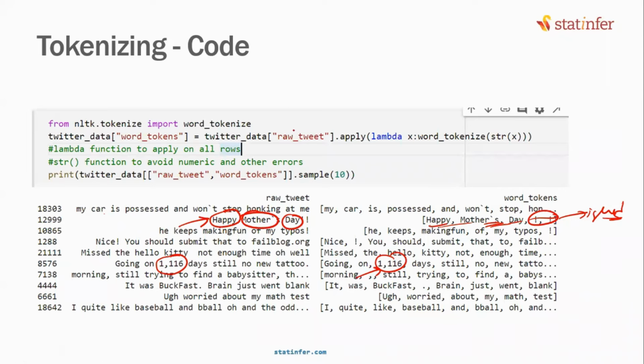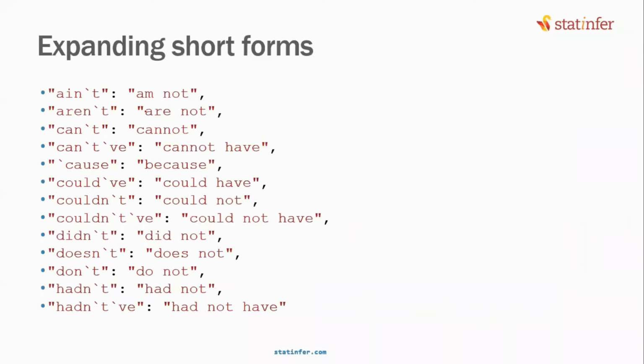The next step is expanding the short forms. When you are working with text data, especially social media data, a lot of people write short forms. Ain't means am not. Can't means cannot. Couldn't've means could not have. For example, somebody wrote in a review, did not. Someone else in another review wrote, didn't. Do you want the machine learning model to treat these two as different words or the same?